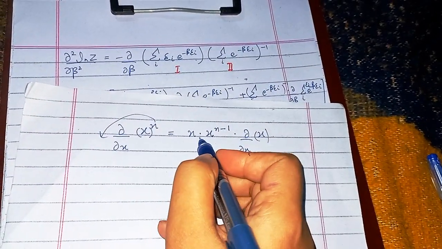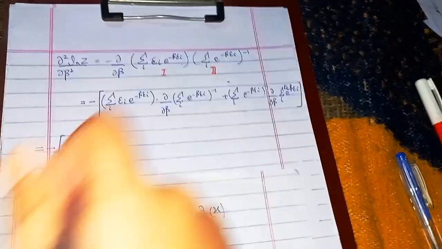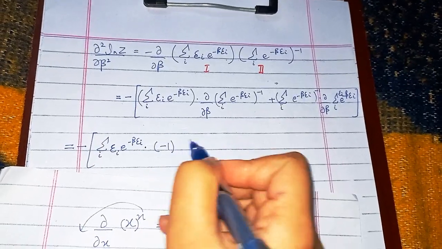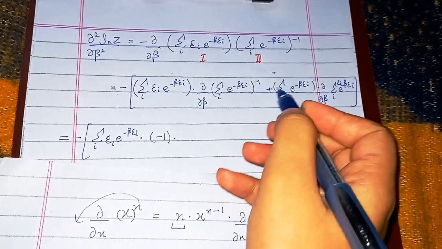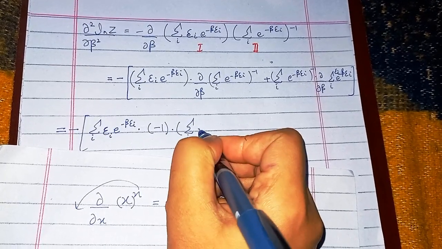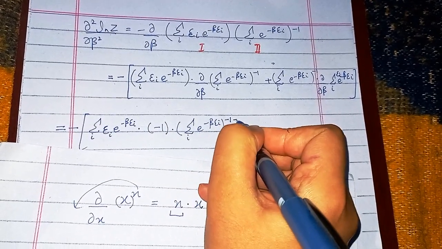So there are three things that will happen here. The power will come in the start. This power is -1, so it will come here, dot the whole term whose power it is, like this is the whole term, and its power will be reduced by one.